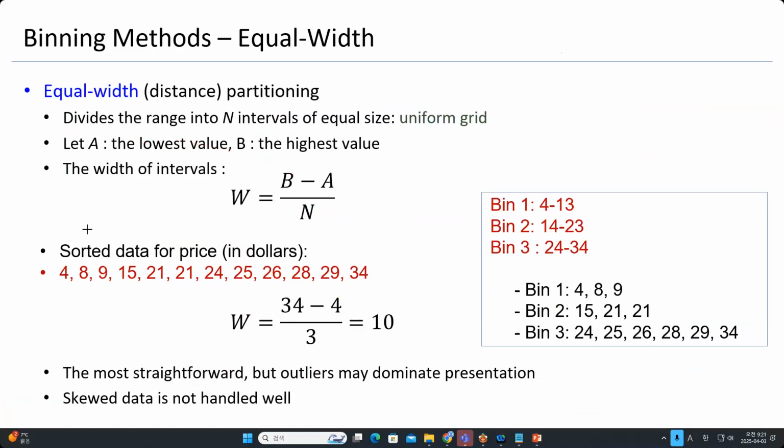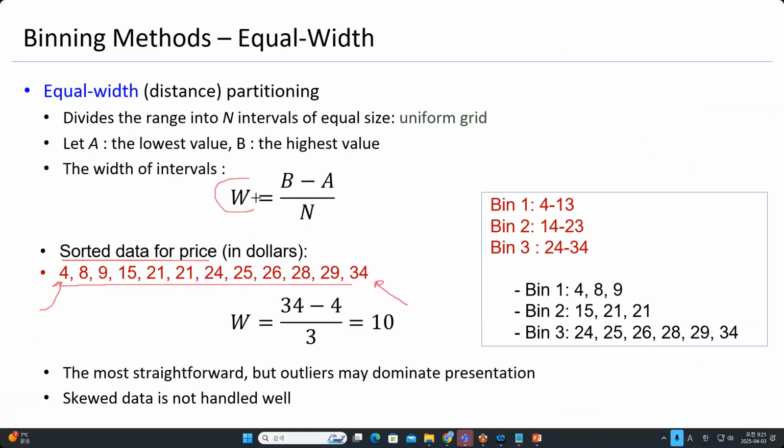Then I have this data. Again, this is the sorted data, where 4 is the minimum and 34 is the maximum.